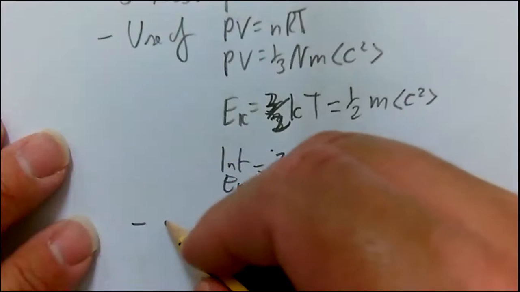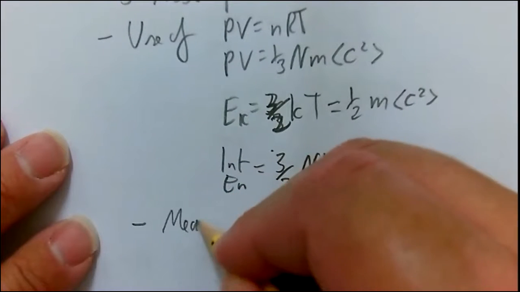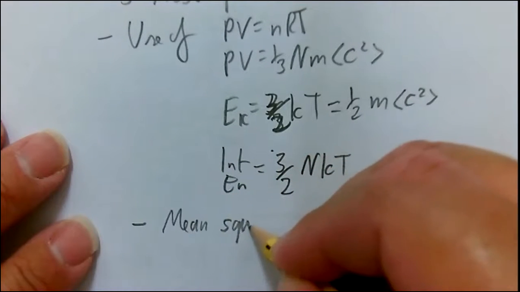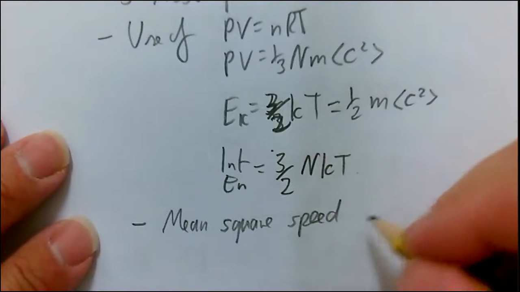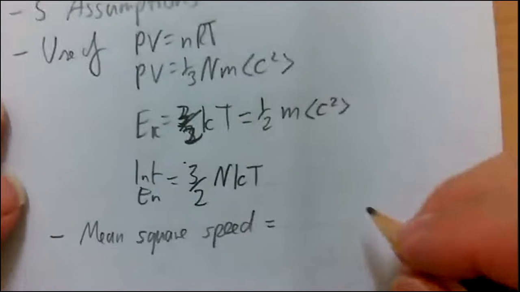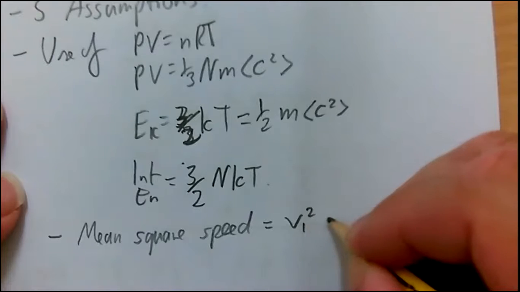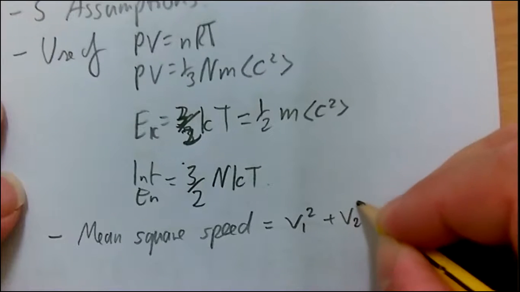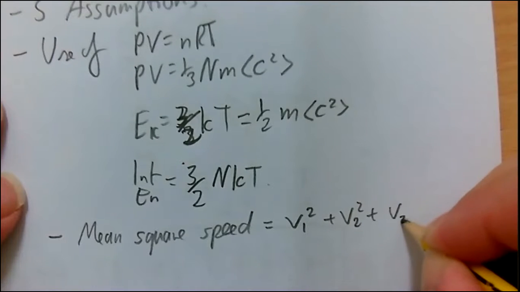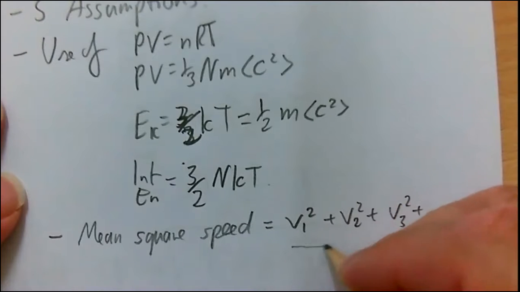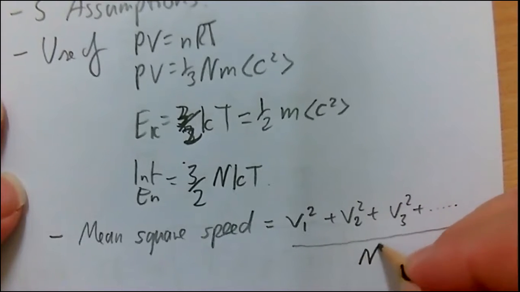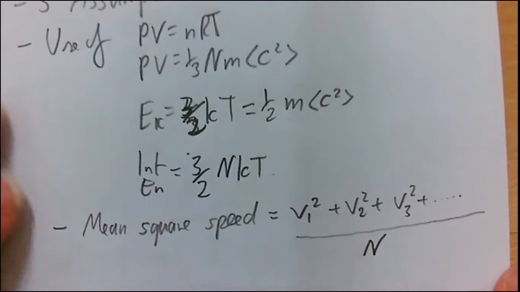You also need to know the difference between the mean square speed and the root mean square speed. You need to know what the mean square speed is: the idea that it is the speeds squared added together, the sum of all the speeds squared. So you square each speed before you add them together and divide by the number of particles.